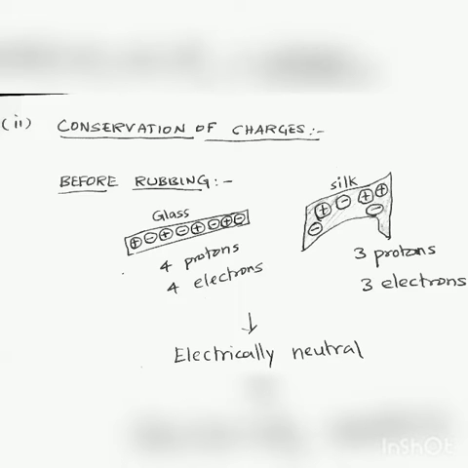For example, let us consider a glass containing 4 protons and 4 electrons, and a silk cloth with 3 protons and 3 electrons. The number of protons and the number of electrons are always equal in all atoms of the object. So all the objects in the universe are considered electrically neutral. Now these objects are called uncharged objects.